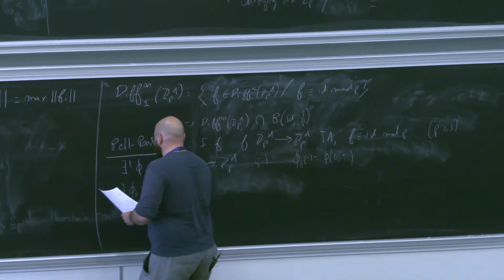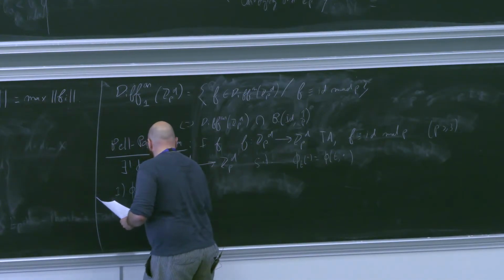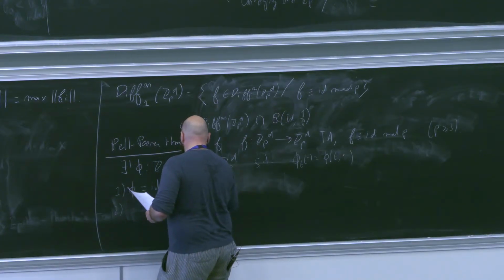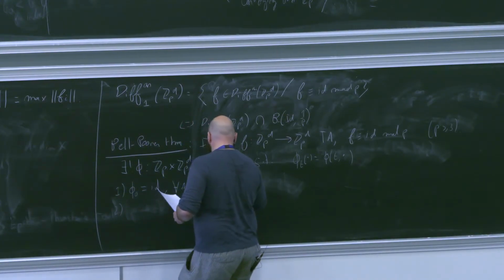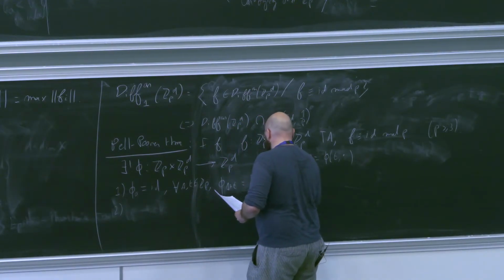So phi_0 is the identity. Okay, and for all s, t in Zp, phi_{s+t} is phi_s composed with phi_t.